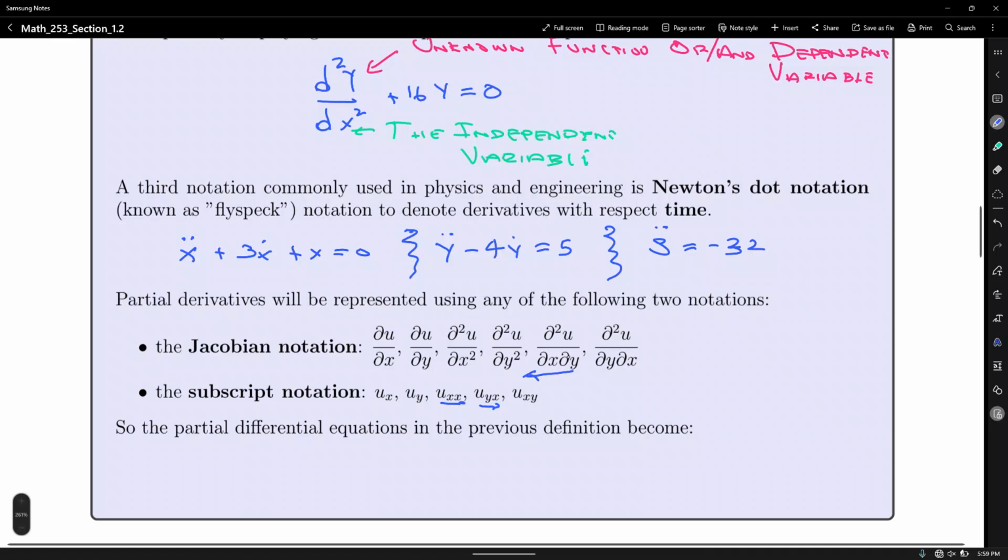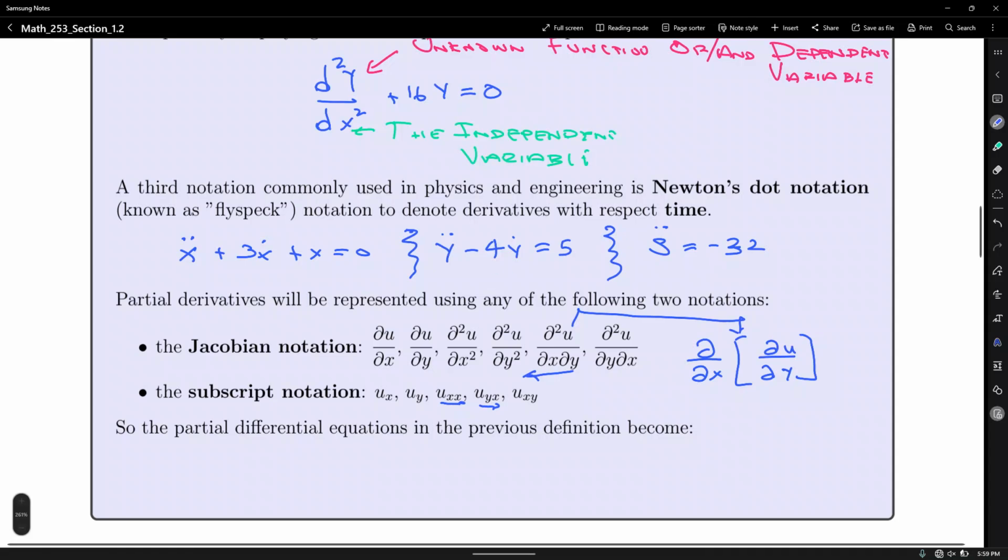Because we're differentiating with respect to y first and then with respect to x. Otherwise, we're really finding the partial derivative with respect to x of something we already differentiated with respect to y. That is, we do the inside part first and then the outside part. So there's an order of the operators here, right? That's what I'm trying to say here.